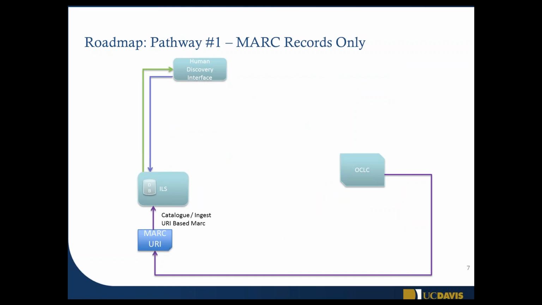So I'm really excited talking about this roadmap we came up with, because it looked into a lot of factors related to how we move into a linked data environment.